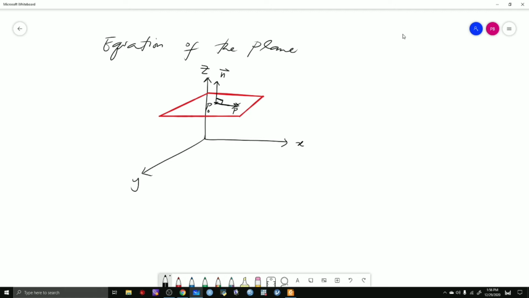So based on the figure, if we take P minus P0, we have (x minus x0, y minus y0, z minus z0).